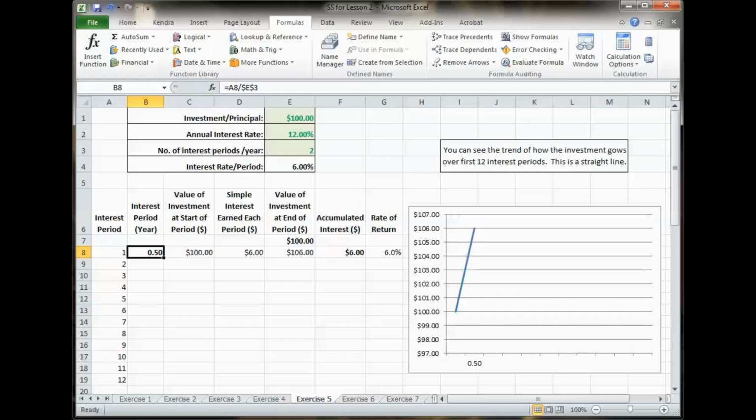So the first time that we'd be collecting interest would be at half a year. Our second time we collect interest would be at a full year, then it'd be 1.5 years, then it would be 2 years, 2.5 years, etc. So we're just going to figure this out as a formula, and it's going to be the interest period divided by the number of interest periods per year.